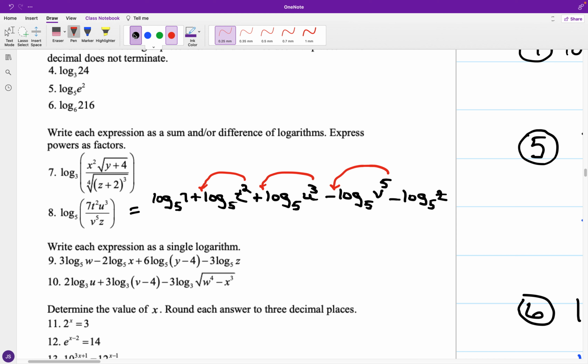And so for what we will have in the end result, again we have 7 relative to 5. 7 is not a multiple or an integer power of 5.